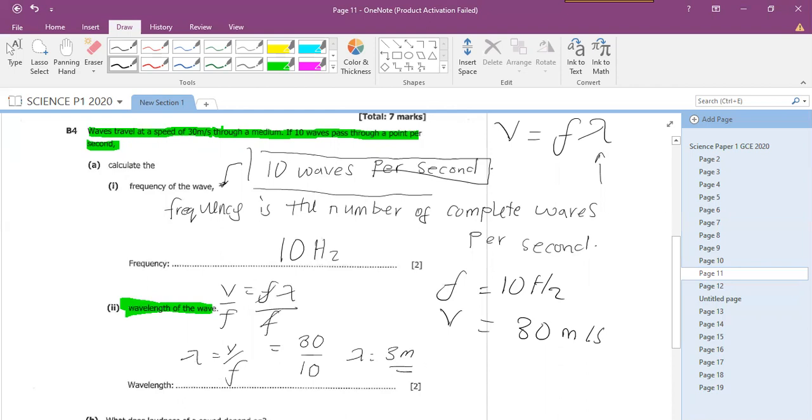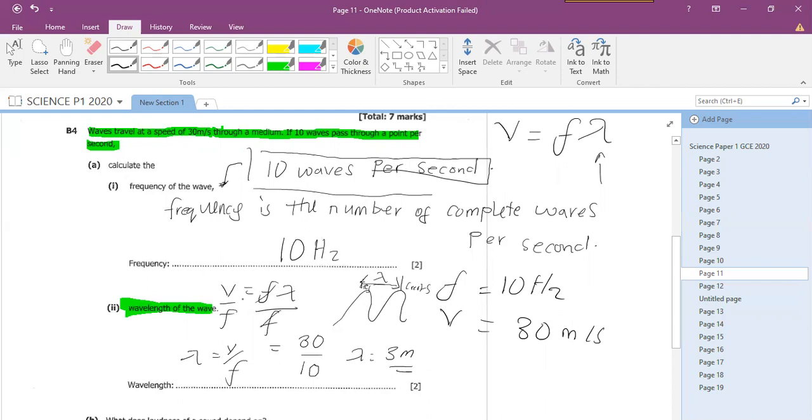If that's a complete wave, that's the wavelength there. The distance between these two crests becomes the wavelength. So the distance between these two crests is 3 meters. How did we do that?